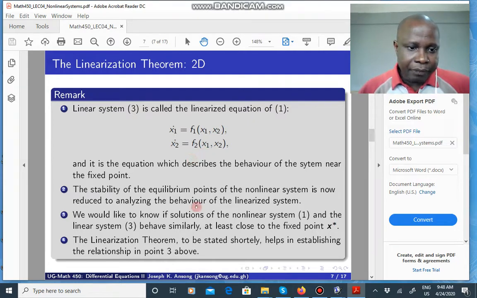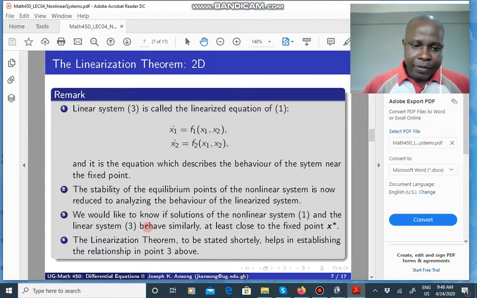Okay? Now, once we've linearized it, we want to know whether the behavior that we find around the fixed point is actually the true behavior of the nonlinear system. Okay, so that is what the linearization theorem does. It tells you whether after you have converted the nonlinear system to a linear form and you analyze it, the behavior portrays the right behavior qualitatively of the nonlinear system.